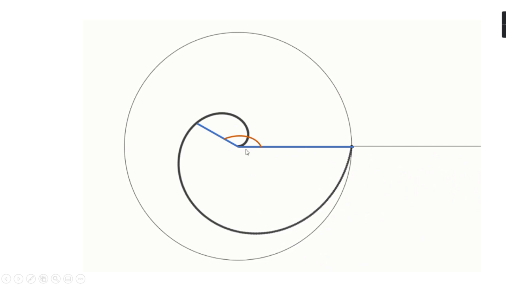In a similar way, when the point is moved to this point, I join it with the pole, and it is your radius vector. The line was initially at this position only, when the line started rotating. So the angle between these two radius vectors is called the vectorial angle.